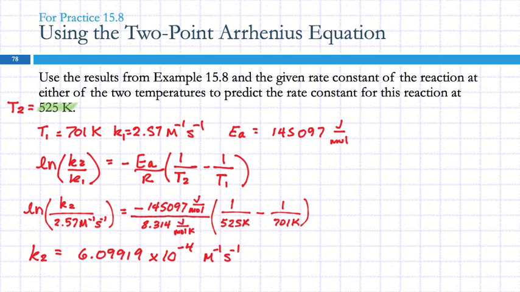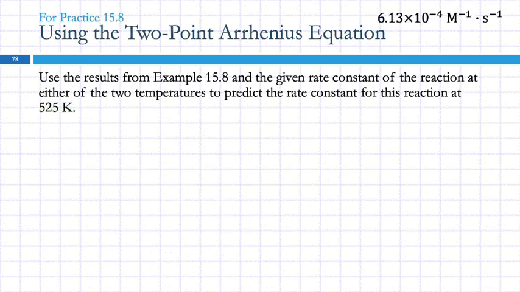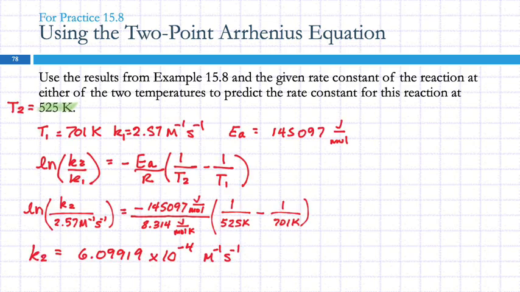So on your handouts, you have the advantage of being able to see the answer, and the book gives it as 6.13, and I got 6.10, right, if we round that. Again, that's not enough of a difference to be a problem.